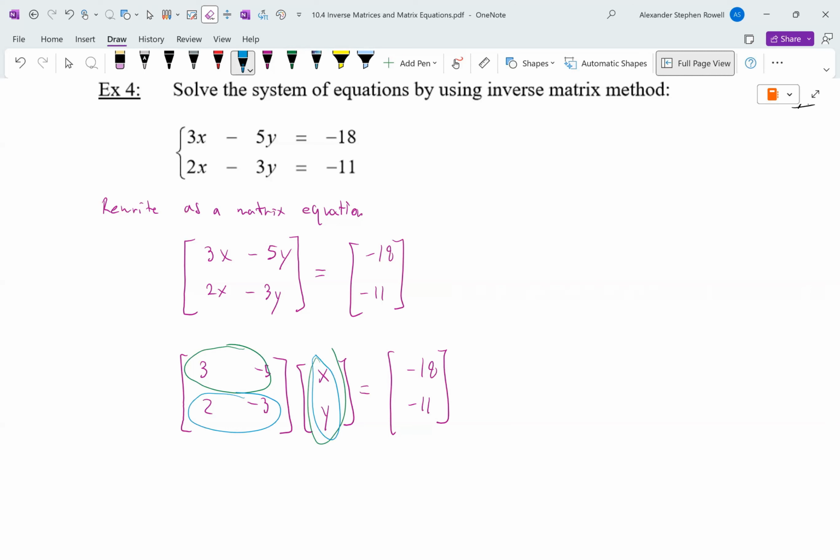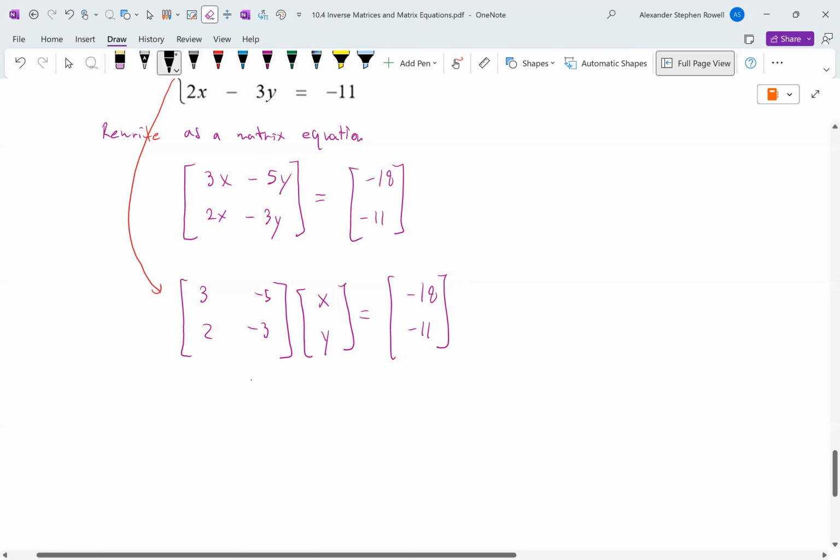Okay, so this is the tricky thing. Can you translate this equation into a matrix equation? If you can, then we have the form we want: A times the variable matrix is equal to the solution matrix. So what is the answer?